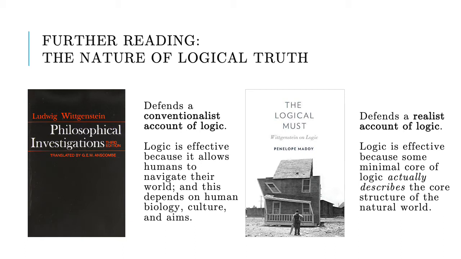Now, there are those who have held a different view about the nature of deductive truth and of logical truth broadly. The account that I just gave, I would want to tell you, is known as the conventionalist account of logic, which was perhaps most famously articulated by Wittgenstein in his Philosophical Investigations, where he argued really that the reason that we have these sorts of truths has to do crucially with our biology, our culture, and our aims.